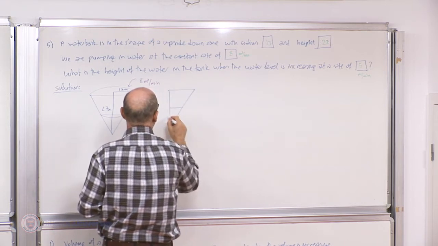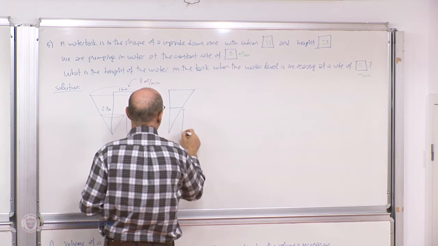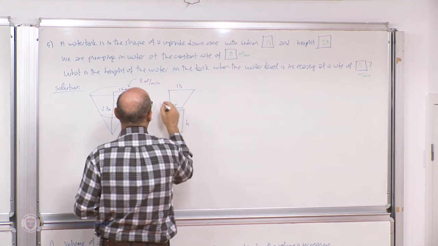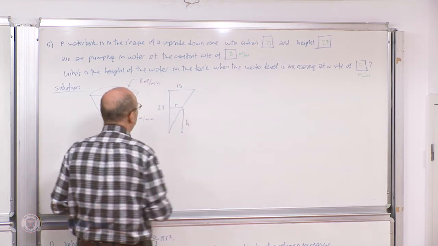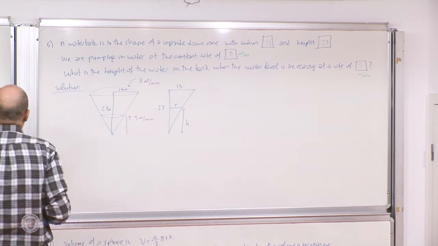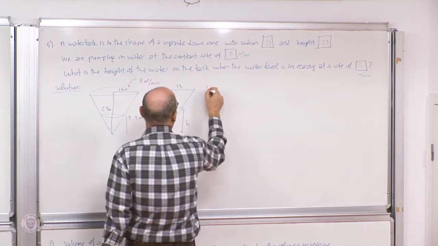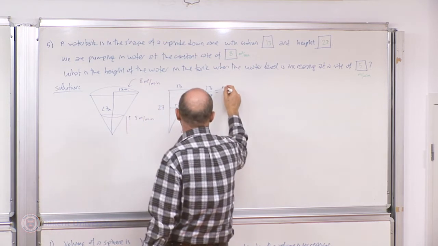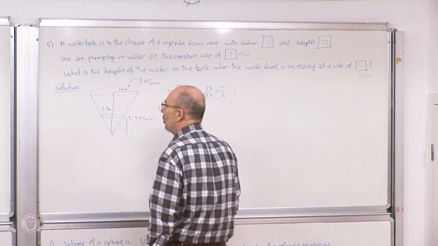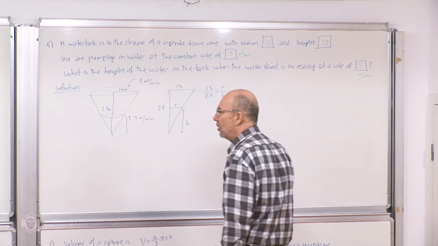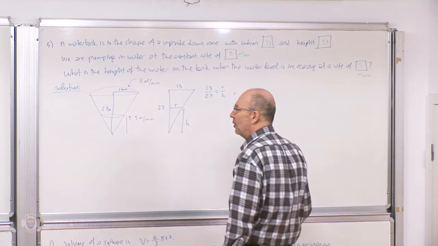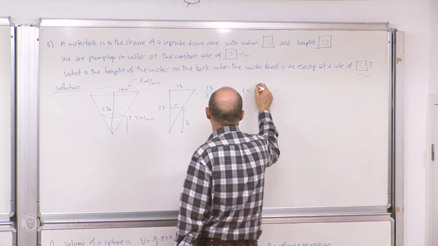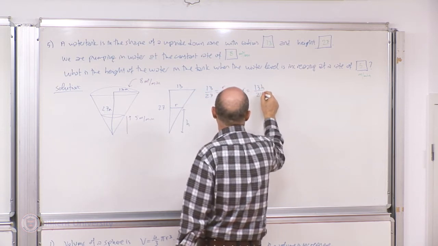This part is H. This part is R. This is 13. This part is 27. So I have 13 over 27 equals R over H. With these things, it's generally easier to find R. So R is equal to 13H over 27.